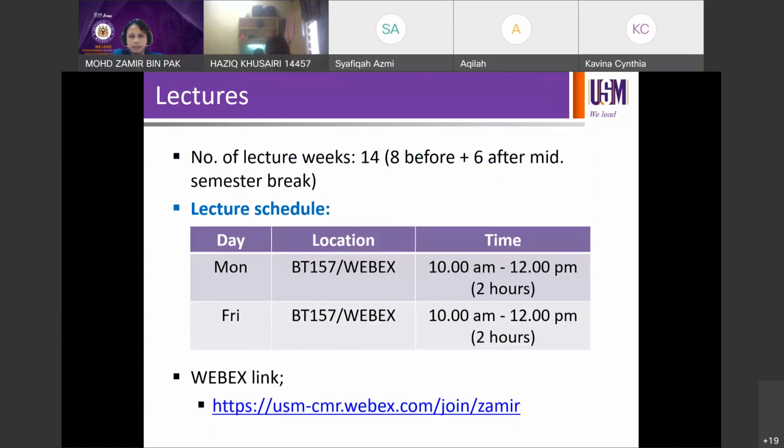So we're gonna have Monday 10 to 12, scheduled for BT157, but it looks like it's gonna be on WebEx, just like usual, for 2 hours, and then we're gonna have another 2-hour session on Friday. So is everyone fine with this schedule? Do you have any other clashes? So the schedule works very fine for me for the time being. Is it okay? No issue, right?